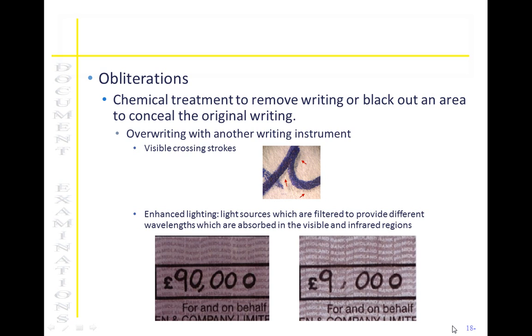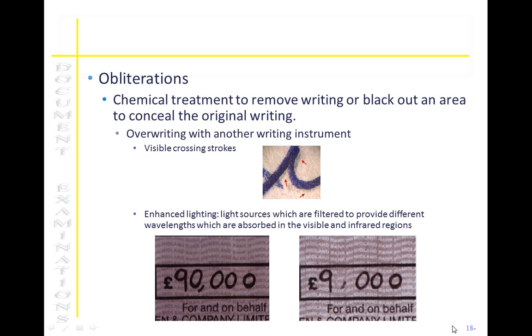Obliterations are usually considered to be some type of treatment to remove writing or to black out an area to conceal the original writing. So this might be where a pen has actually written over another area of a document. So it might be that the analyst can look for visible crossing strokes in that ink pattern.